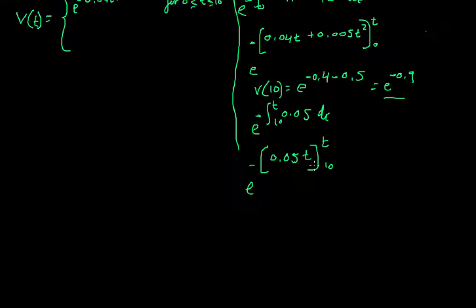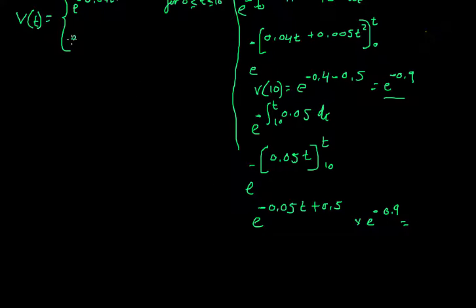So when we sub that in, it's going to be e to the negative 0.05t, and then minus this minus over here. I've already started adding, so it'll be a plus 0.05 times 10, which is 0.5. That's a positive, and then we just have to multiply it by our V(10), which is e to the negative 0.9, to give us what V(t) will be when t is greater than 10.